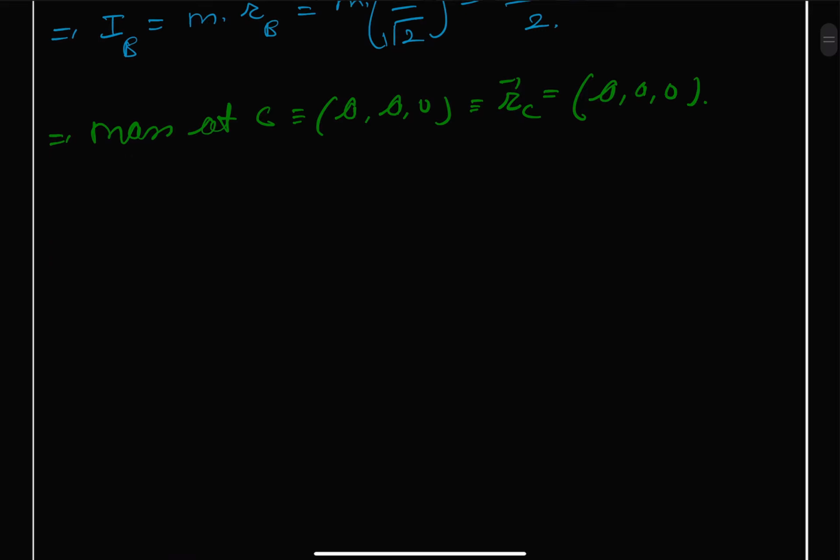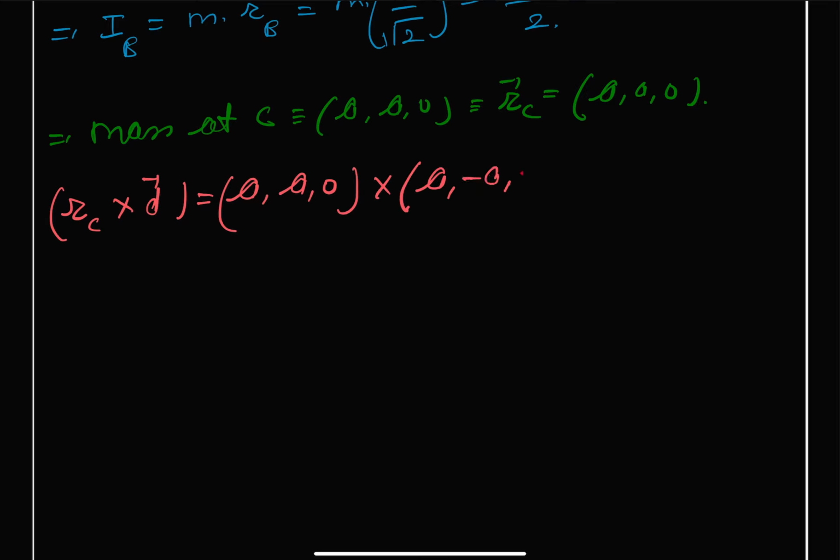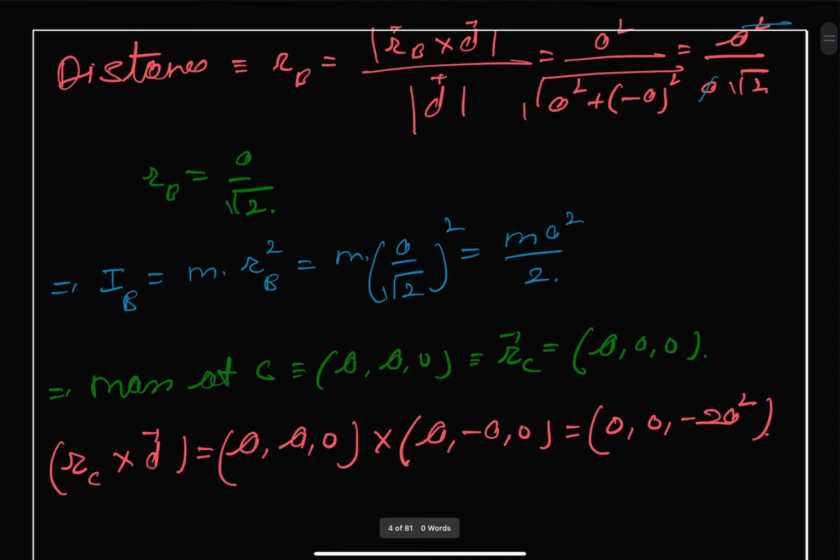Now we come to the cross product. r of C cross d will be equal to A comma A comma 0 cross A minus A and 0, which will come as 0 comma 0 minus 2A square.